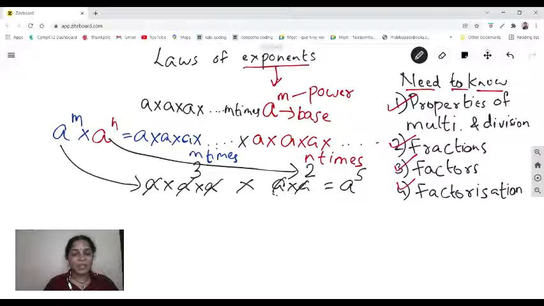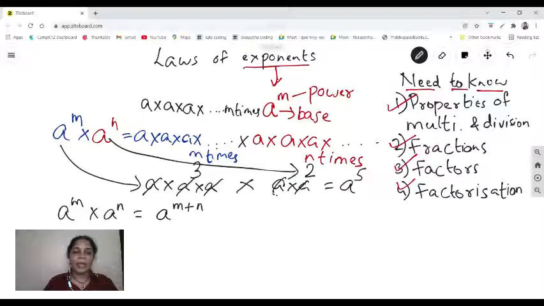So we can see that how much ever the m was, how much ever the n was, the total times the a is going to be multiplied is going to be the addition of those two. That means a power m times a power n is giving you a power m plus n.